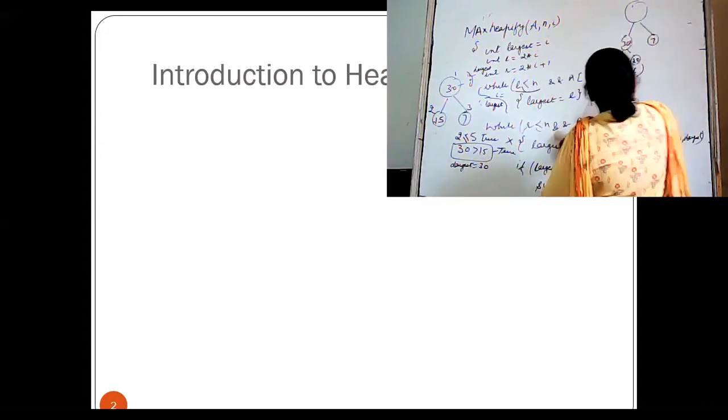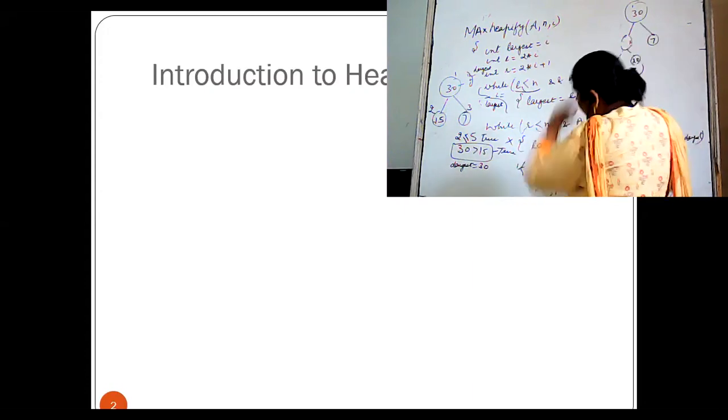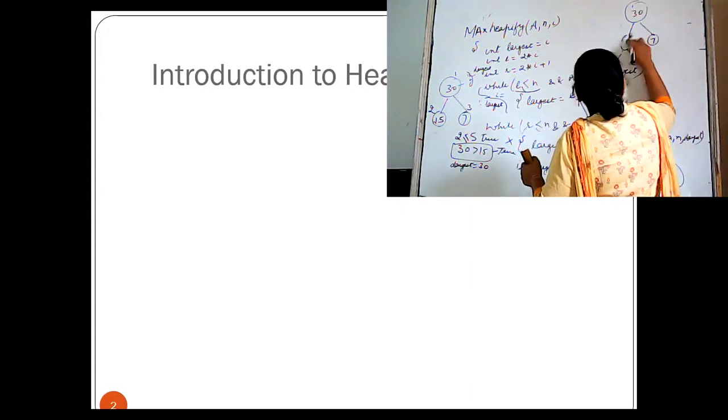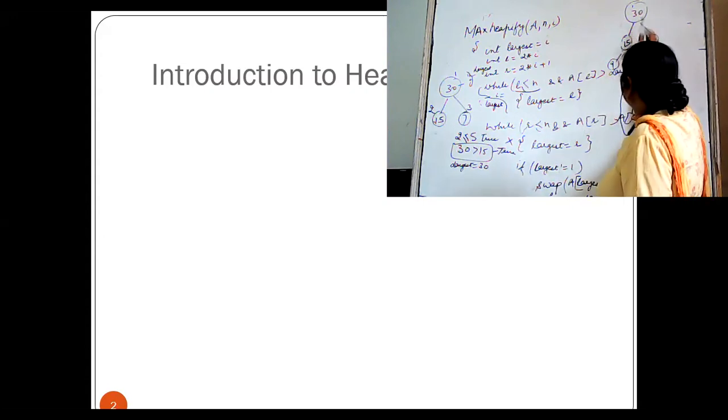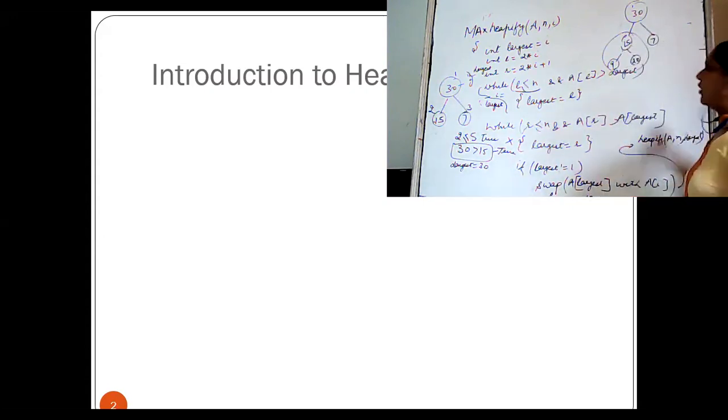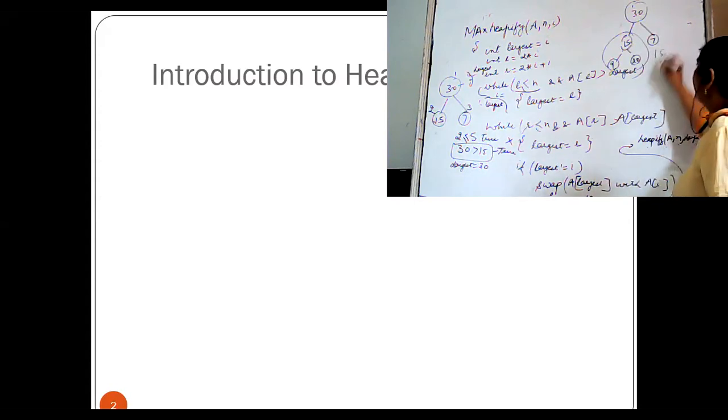So this tree has now satisfied the heapify property, that is 30 and 15. Okay. Now you have to again call it, because from here 30 is the largest. Now this tree again is not satisfying the heapification property.